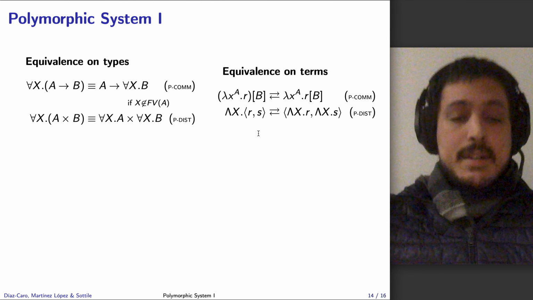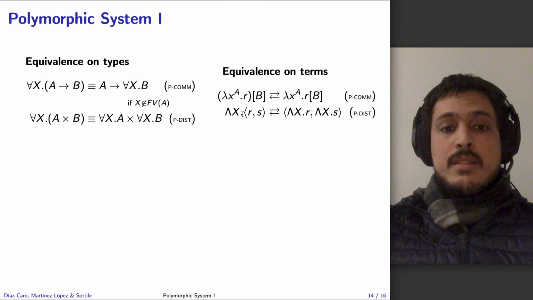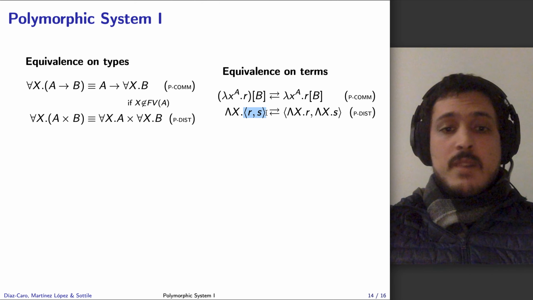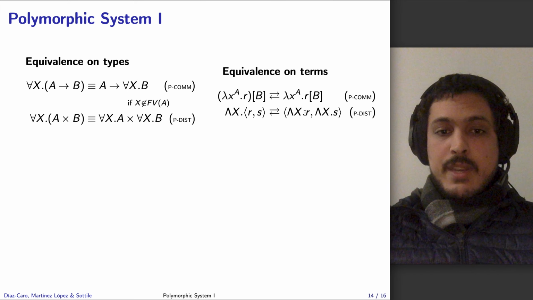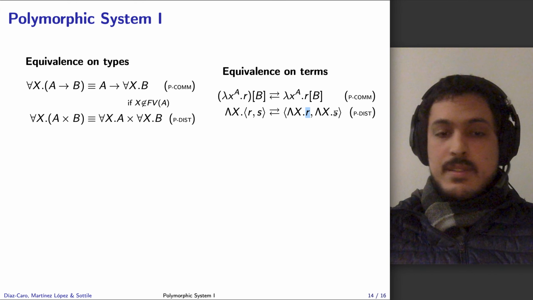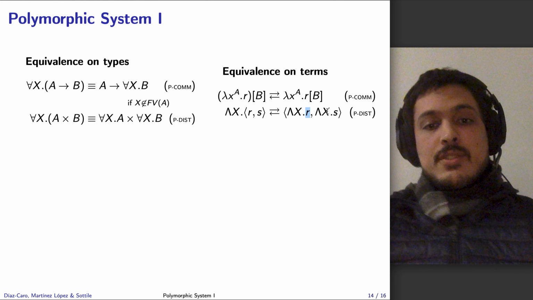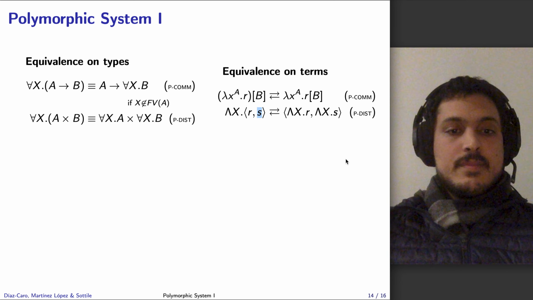And by saying if we have an abstraction on types that has a pair as its body, it's the same as having a pair of type abstractions with the first element as the value of the first type abstraction and the second element as the value of the second abstraction.